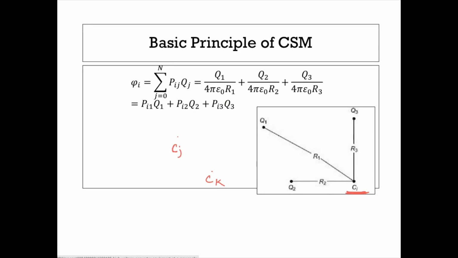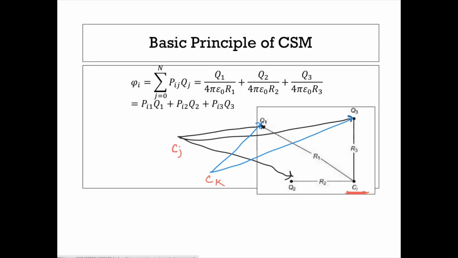Now let us connect these points Cj and Ck with these charges. Say this is connected to Q1, this is connected to Q2, and then this is connected to Q3. And we will also connect point Ck with all these three charges by straight line. Say here this is a distance between point Q1 and Ck.